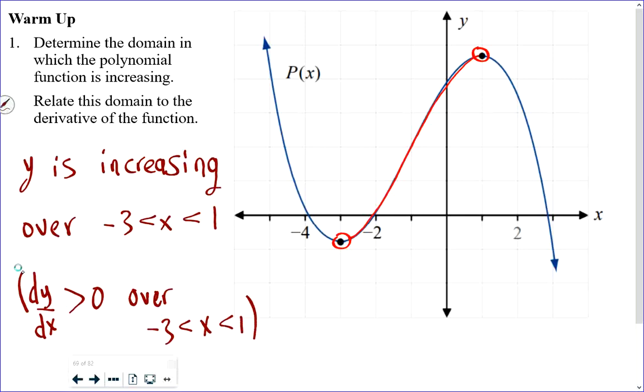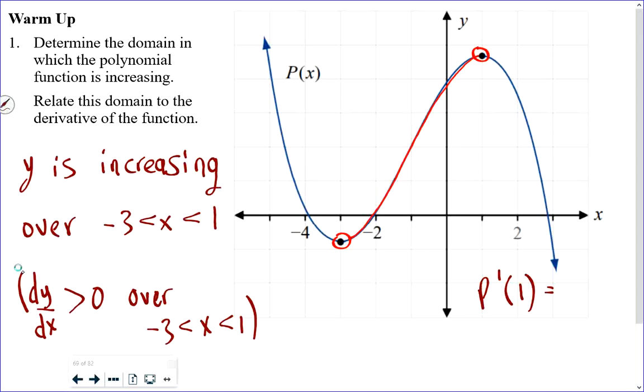If I asked you what dy dx was at, say, 1, I hope you can come up with the answer. Who can tell me what the value of the derivative of this function is? It's p of x, so I'm going to write this p prime of 1. This isn't part of our answer to this question. This is just me explaining something.